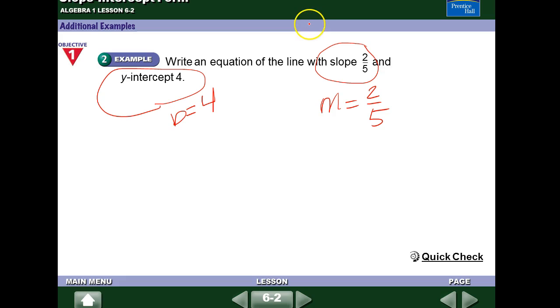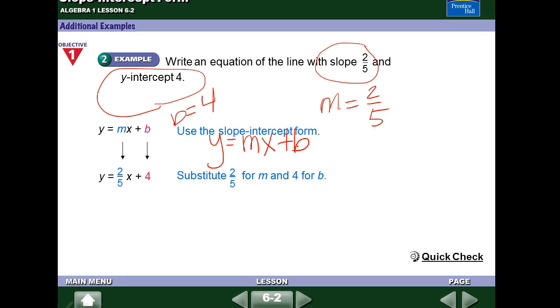Plug these into, once again, your linear equation, y equals mx plus b, which I think they're going to do for you. M, we said, was 2/5. B was 4. So substitute 2/5 for m and 4 for b. As you can see here, they dropped it down, and this is your final answer.